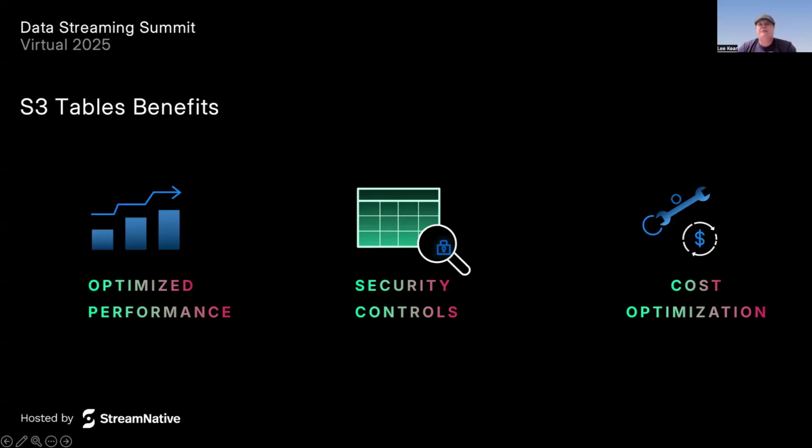As more applications work with shared data sets, the increased traffic puts pressure on performance. While Iceberg enables concurrent access, maintaining optimal performance requires regular maintenance like compaction. Compaction demands additional resources and management overhead. I'll cover the details of compaction in the next slides.